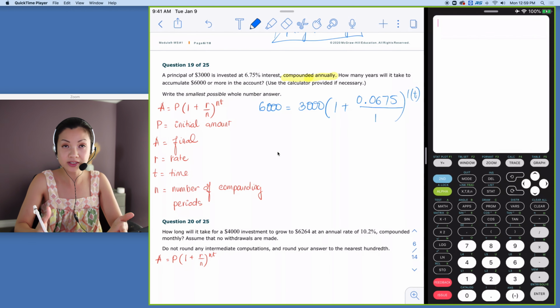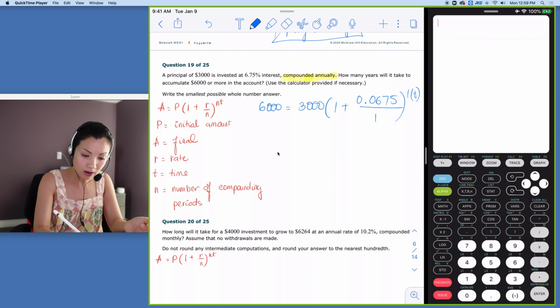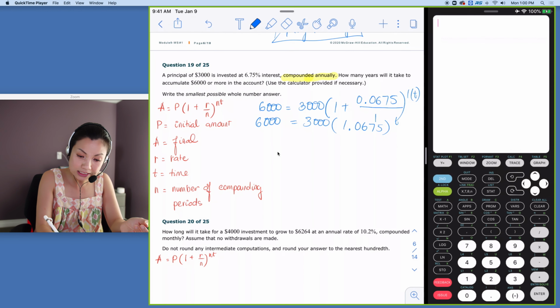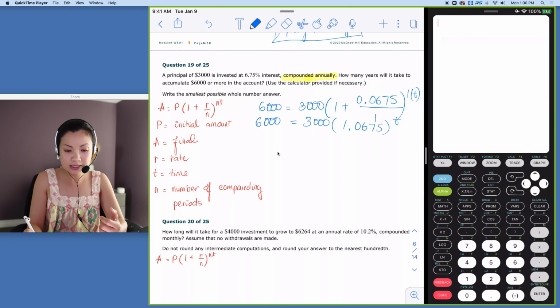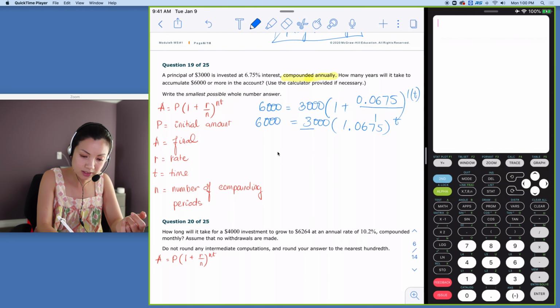You can see that we can take care of the inside parenthesis. So we have 6,000, 3,000, 1.0675 to the T. Now you can see that you can get rid of 3,000. Okay, so it's going to be 2.